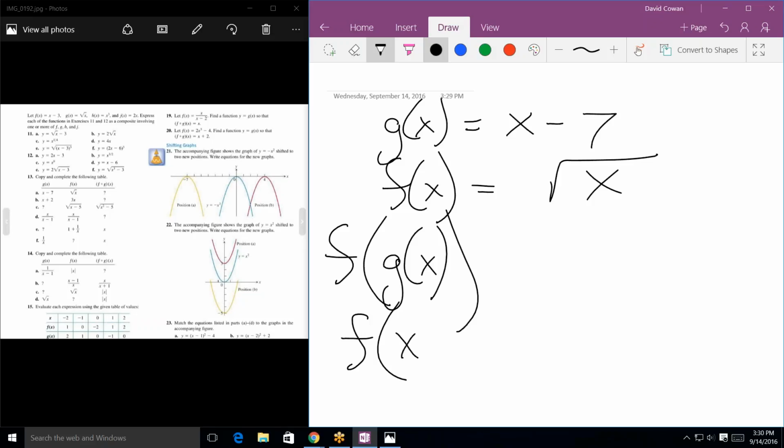Well, that means x minus 7. So what is f of x minus 7? If f of x is root x, what is f of x minus 7? Root x minus 7? Yeah. In other words, you substitute whatever's in the parentheses for x. So that is f of g of x, and that's the answer, 13a.